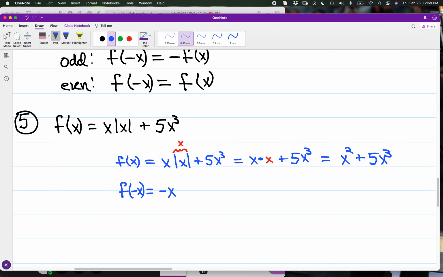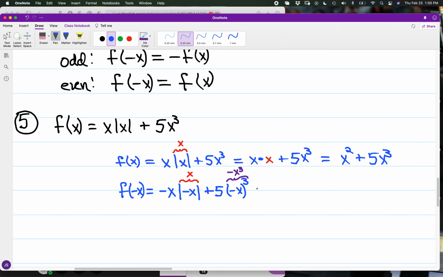So you have negative x times the absolute value of negative x, plus 5 times the cube of negative x. The absolute value of negative x goes to x, and the cube of negative x goes to negative x cubed.